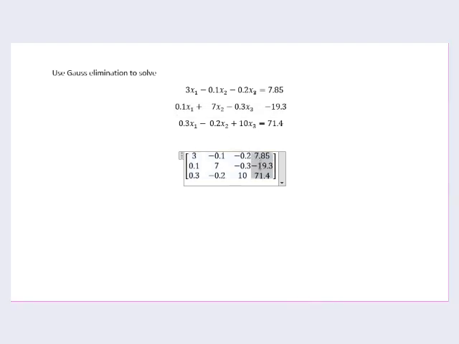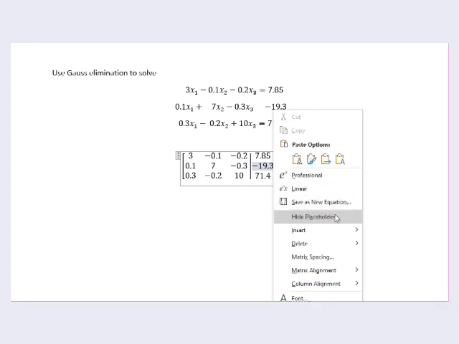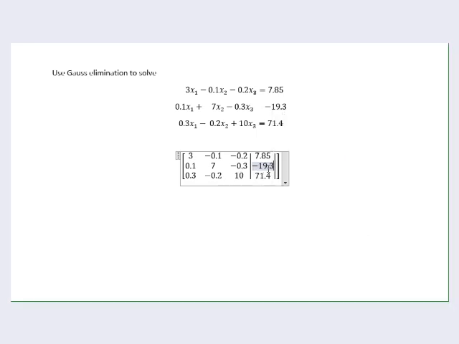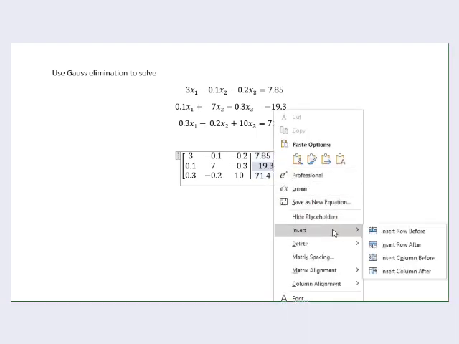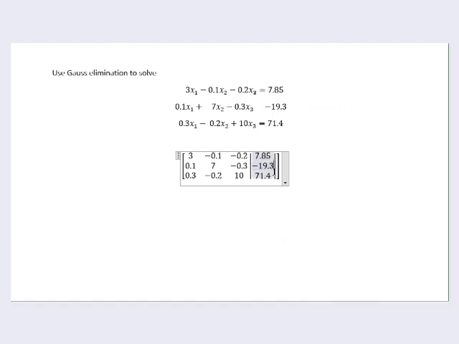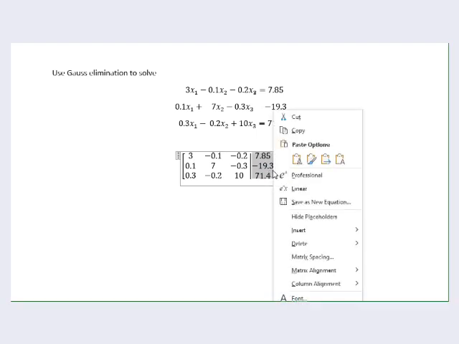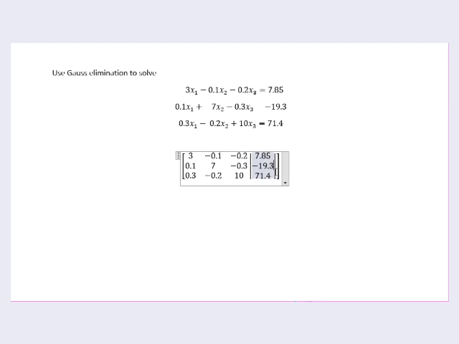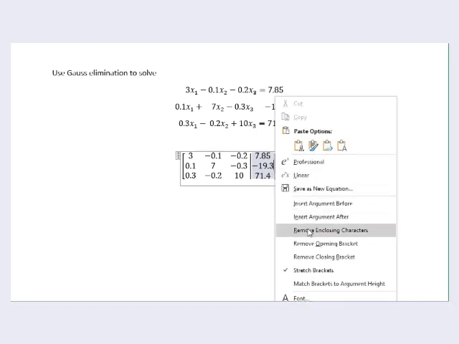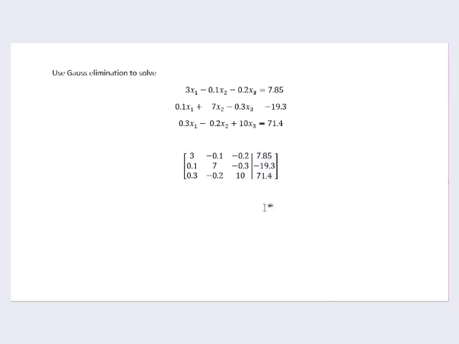I'll put it in a bracket like this. So that's the augmented matrix of A and B.